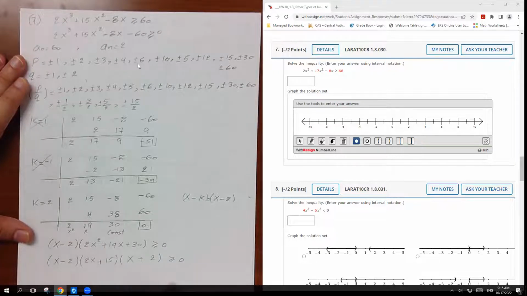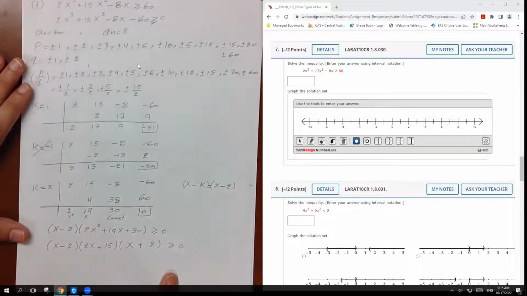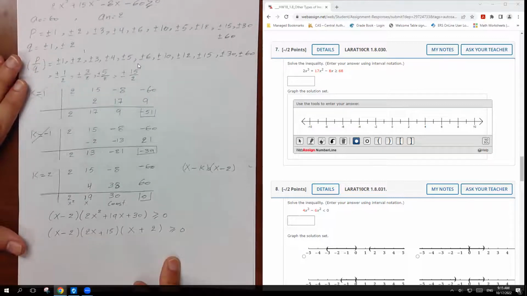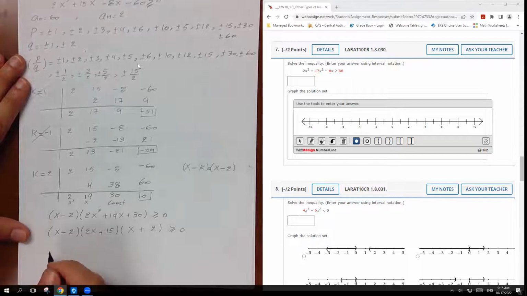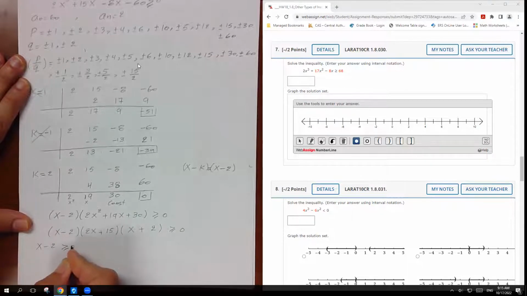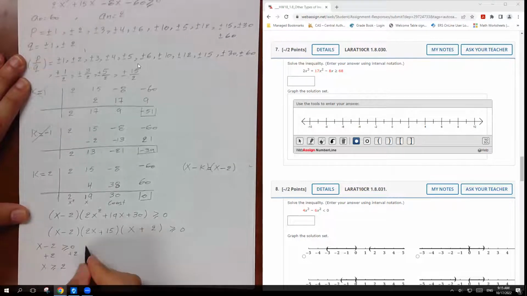So here are the factors, or here is the answer keys for this polynomial or inequality. So the first key is going to be x minus 2 greater than or equal 0. You're going to add 2 to both sides. So x is going to be greater than or equal 2. Here is the first key.